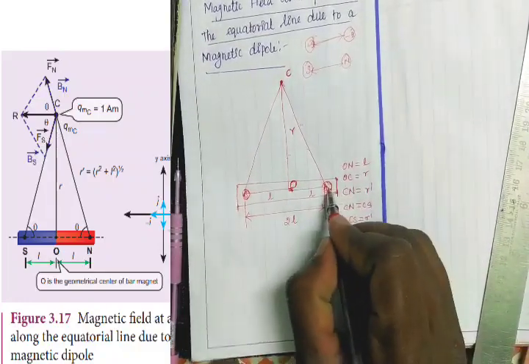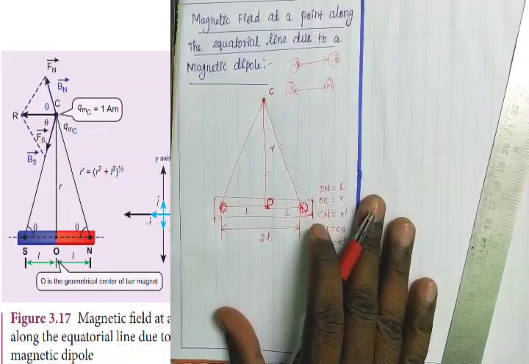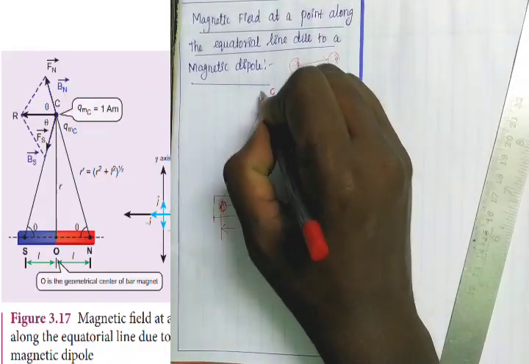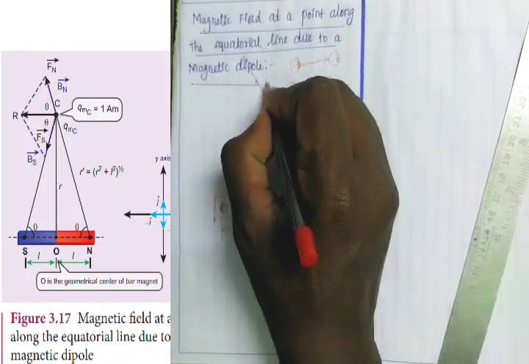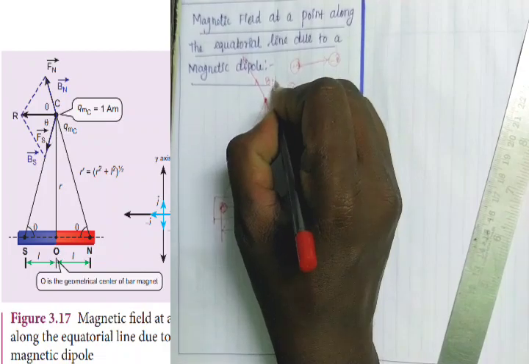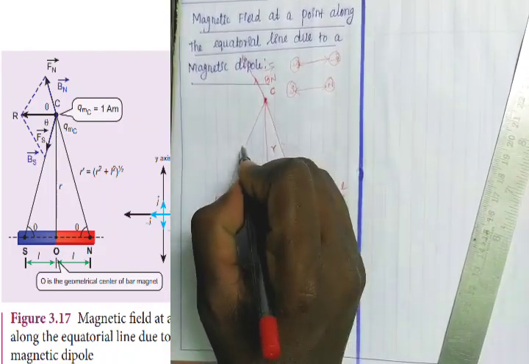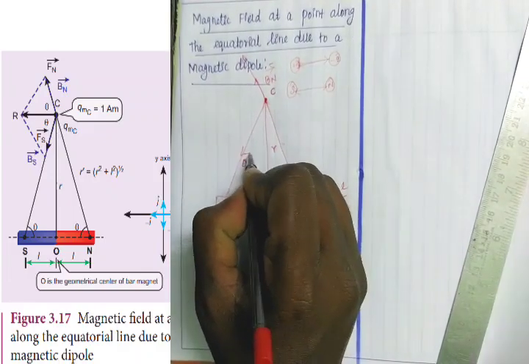This is the north pole and this is the south pole. Next we extend the north pole. This is the magnetic field of the north pole, a vector quantity, and this is the magnetic field of the south pole.